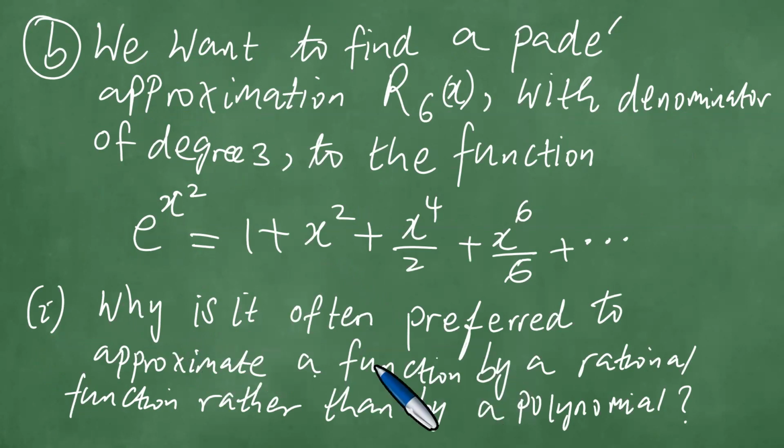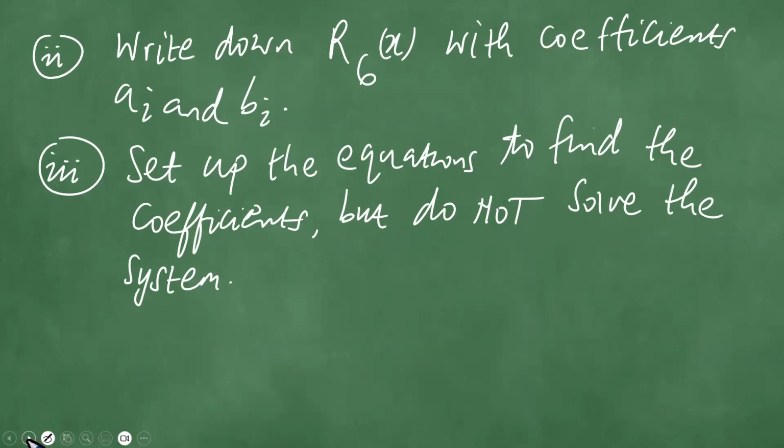Why is it often preferred to approximate a function by rational function rather than a polynomial? Why rational? Why not just use a polynomial instead of a rational function? Solution to this.